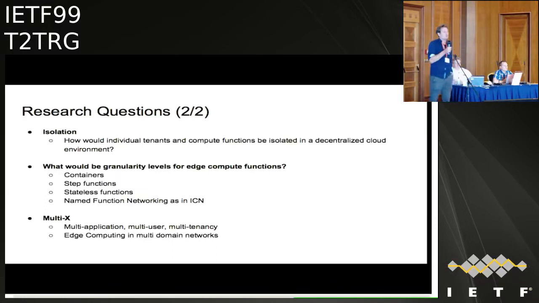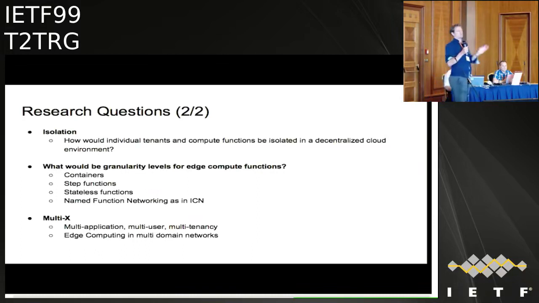Right, so you may have heard of certain edge computing approaches. I mentioned the ETSI mobile edge computing activity. There's stuff like AWS Greengrass, for example, that's basically Python function execution, I would say. So what is actually the unit of a program or of a function? Is it a VM or container? Is it a simple step function?